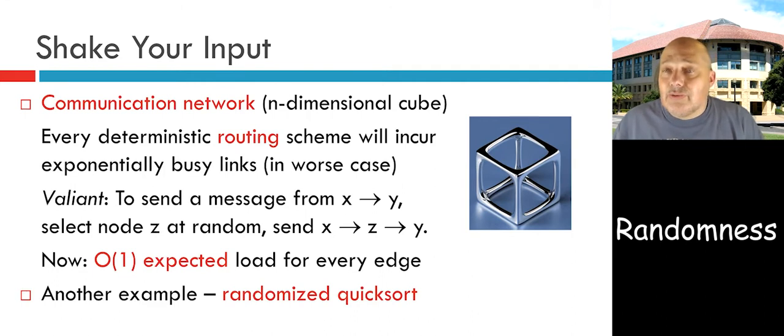And randomized quicksort is as if you first take your input and switch it around. So you take your input and you want to sort it, but instead you permute it in a random way, and then you sort it. And then the worst case input becomes a randomized input, which you can deal with.